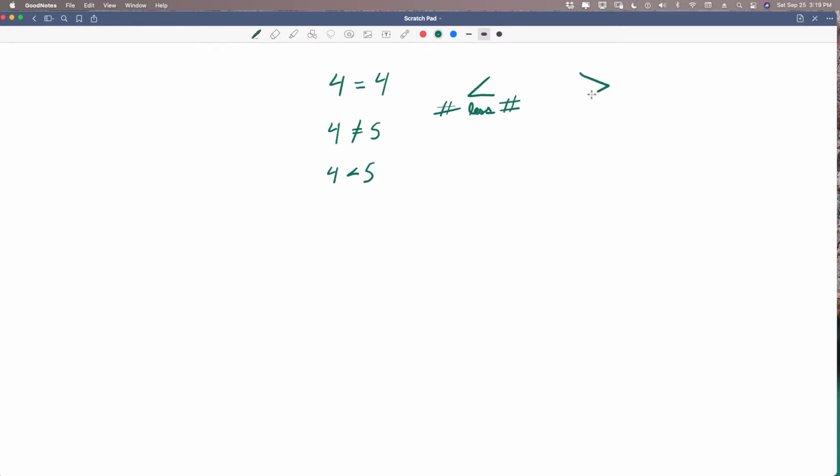This symbol says that this number is greater than this number. So it's whichever way the opening is pointed. It's always pointed at the bigger number, and then we read it based on which end is first. Okay, so pointy side is less than, open side is greater than.